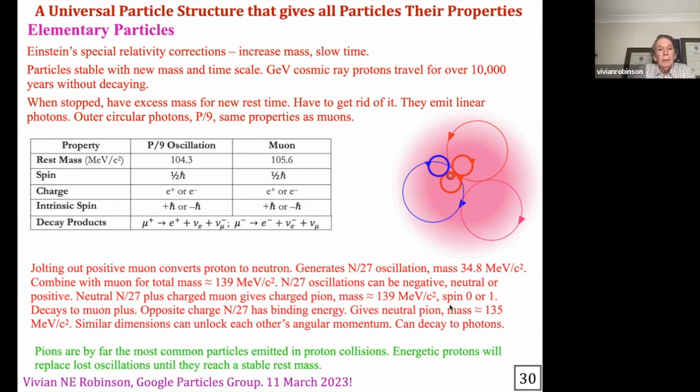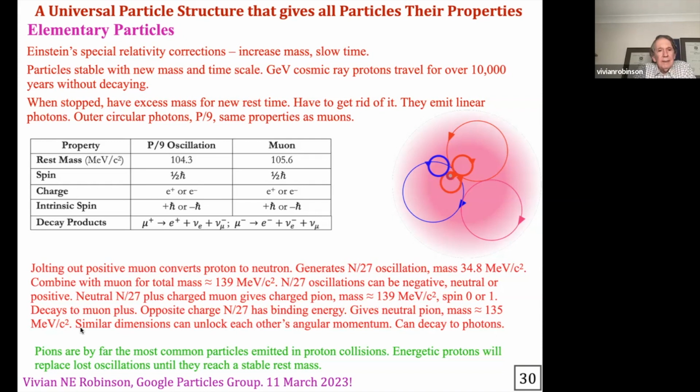It has spin 0 or 1, and it decays to a muon plus whatever else. But when you have opposite charges, a positive attaching to a negative, it will give some binding energy. That drops the mass from 139 MeV to about 135 MeV per c squared.